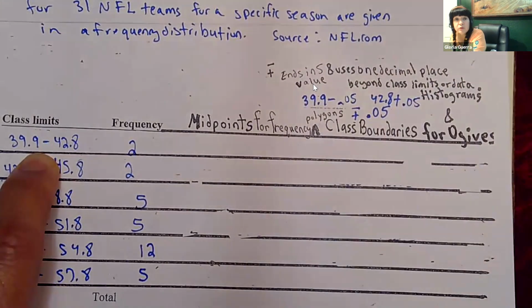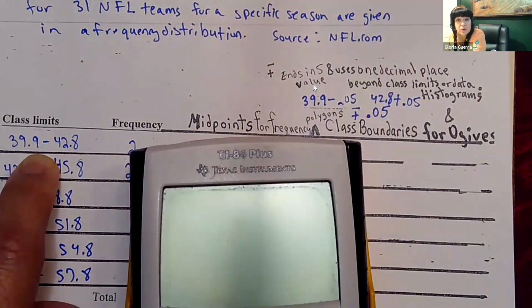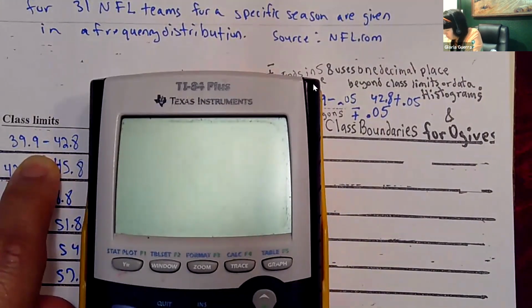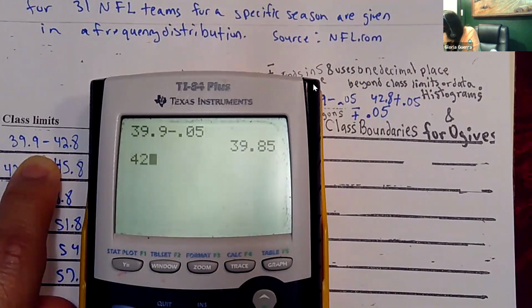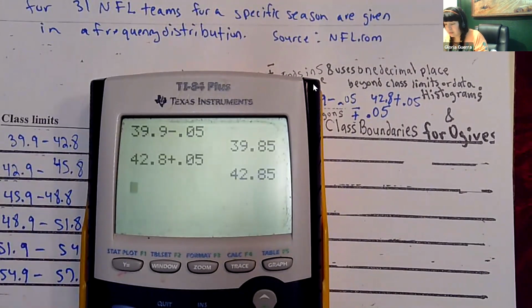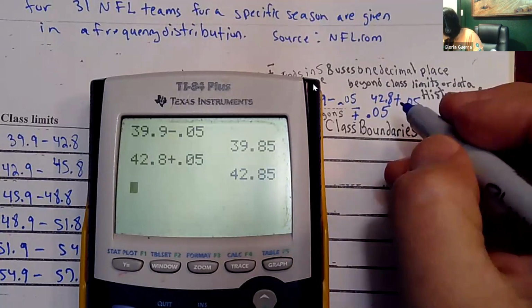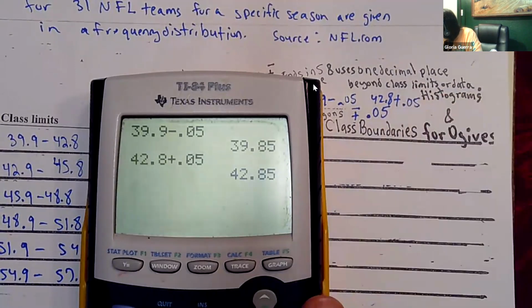Okay, so when I do that on my calculator, 39.9 minus 0.05 and 42.8 plus 0.05 takes it to 39.85 to 42.85. So I'm just double checking that that's correct. Okay, and I'm going to squeeze that in here.